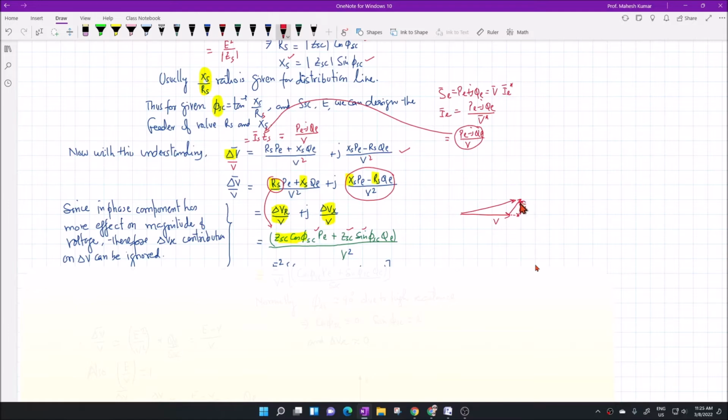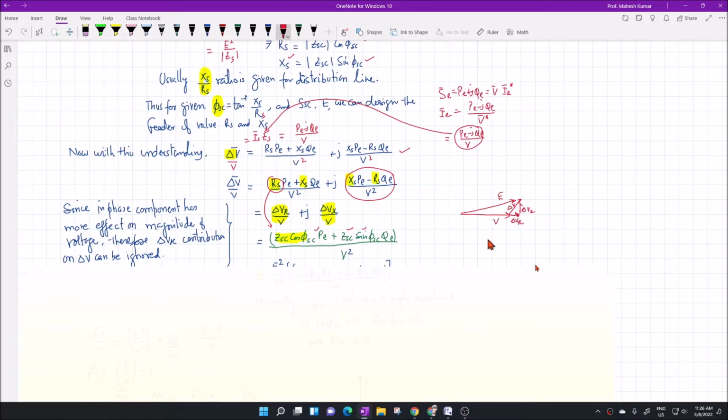So this component has less effect on the magnitude of the voltage. If this component is delta Br, this is delta Bx, and this is delta B, then delta Br has more effect on E rather than delta Bx.